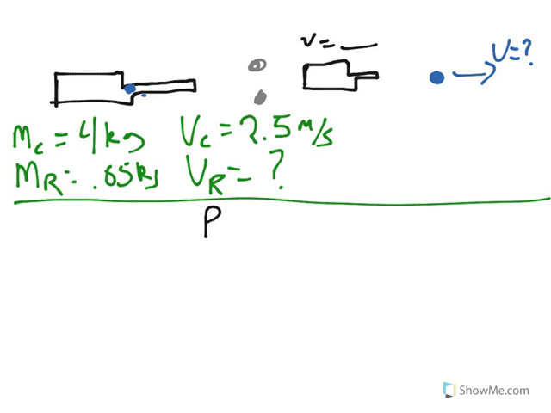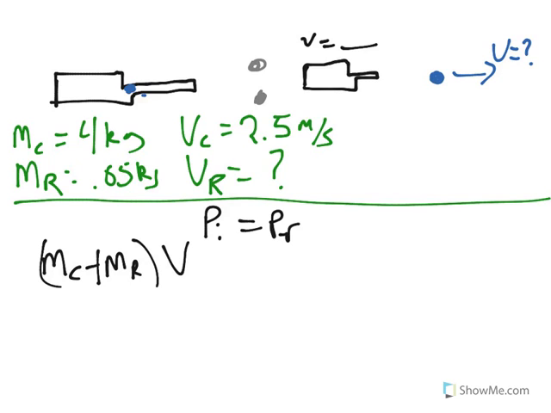So we need to remember the momentum initially equals momentum finally. We need to remember that the momentum is calculated by adding up the momentum of both objects in the system. So before, we have the momentum of the cannon plus the momentum of the racquetball. They're together because in the problem, the racquetball is attached to the cannon. Their initial velocity is 0 because they are not moving.